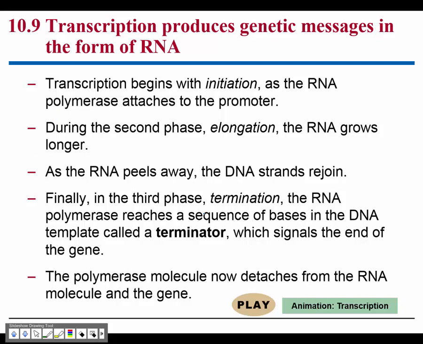And so in the third phase of termination, the RNA polymerase reaches a sequence called a terminator, which just says stop right here. So you have the promoter, elongation, and the terminator. Promoter is first phase, elongation second phase, termination is third phase.